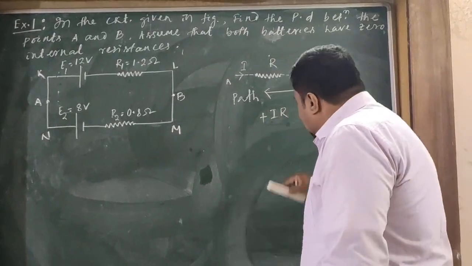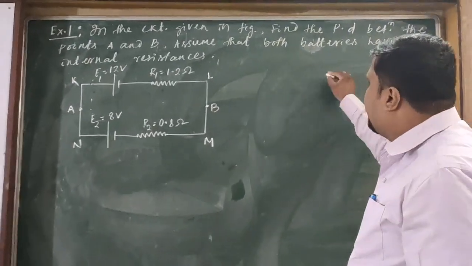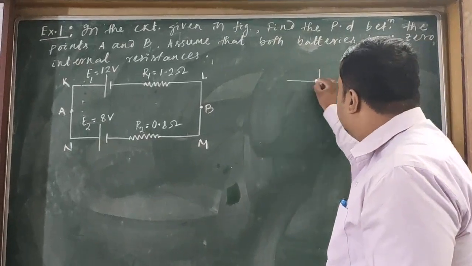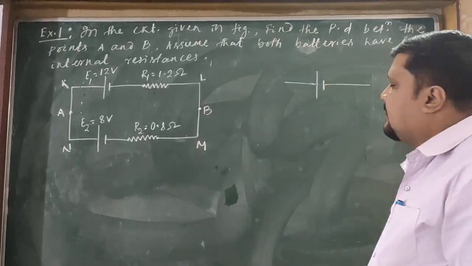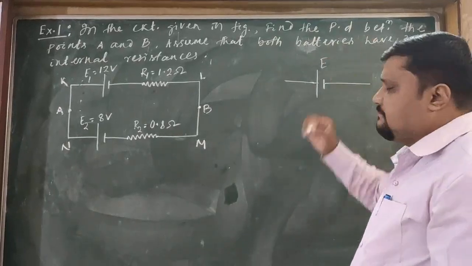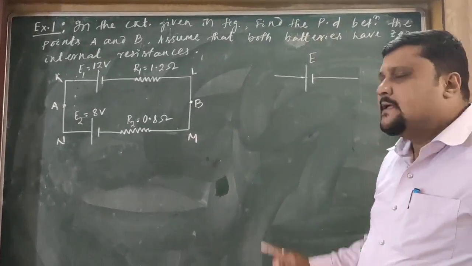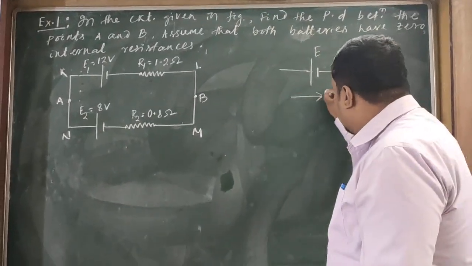Next, when you talk about a cell connected to a circuit, the EMF is E. When do I consider this EMF positive and negative?